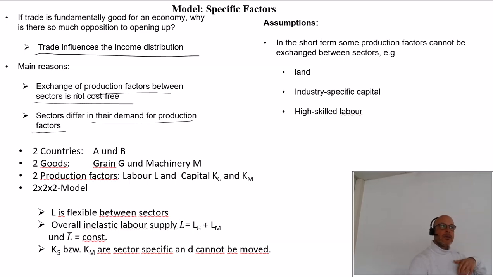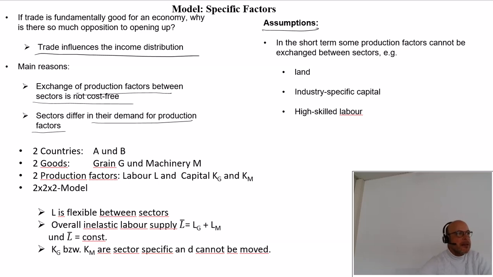And so now we introduce other production factors in general, and with these new production situations we still make a very strong assumption, that we have some still flexible production factors.